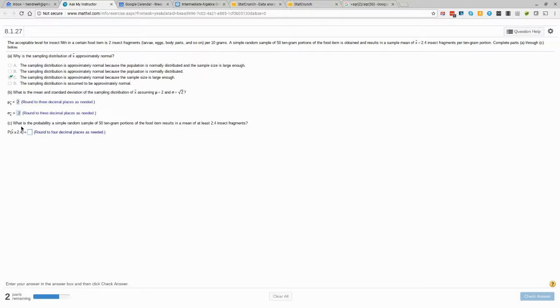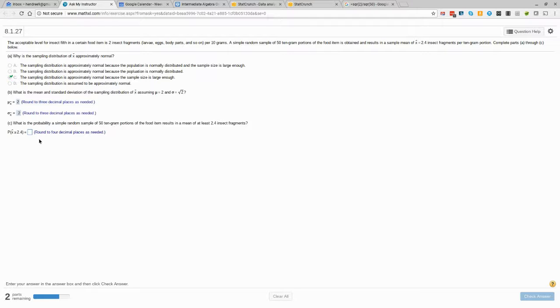And what is the probability of a simple random sample of 50 10-gram portions of food items resulting in a mean of at least 2.4 insect fragments? What I tell students is we're going to use the StatCrunch calculator to do this, but it's really good if you have a sense of whether that's going to be a low probability or a high probability.